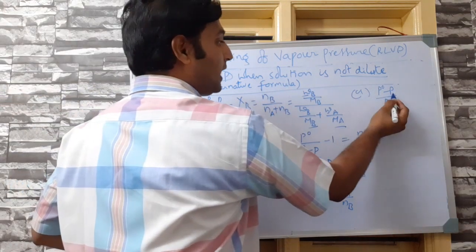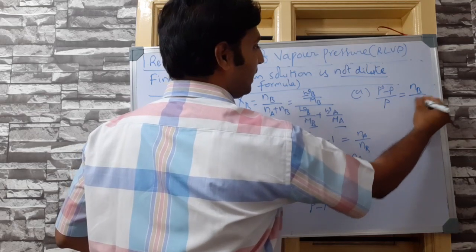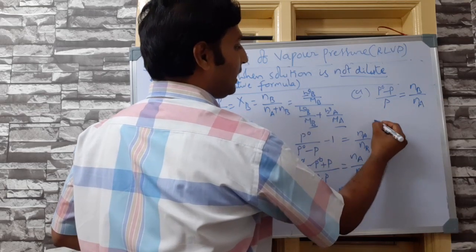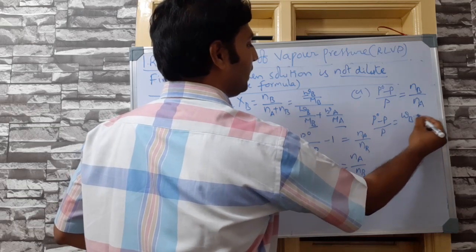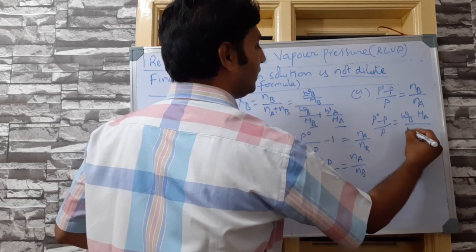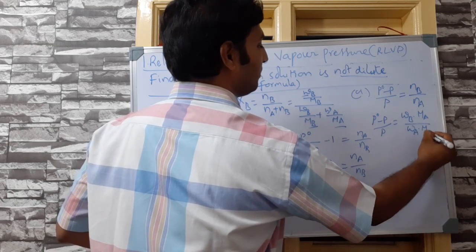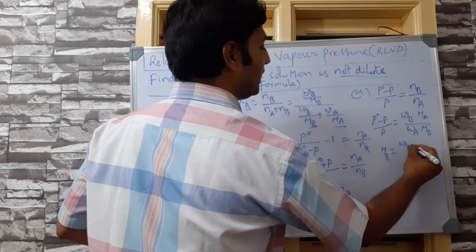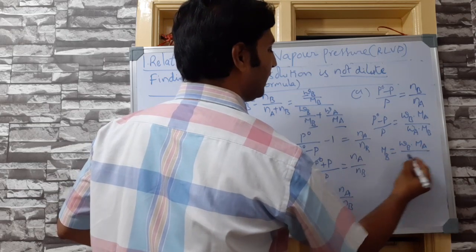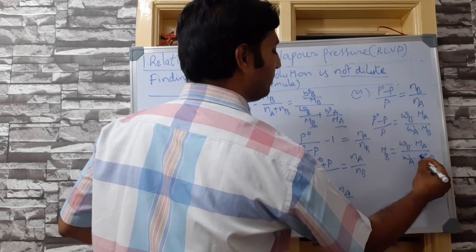Now Nb by Na gives P naught minus P by P is equal to Wb into Ma by Wa into Mb. Therefore, you can find Mb is equal to Wb into Ma divided by Wa into P naught minus P by P.